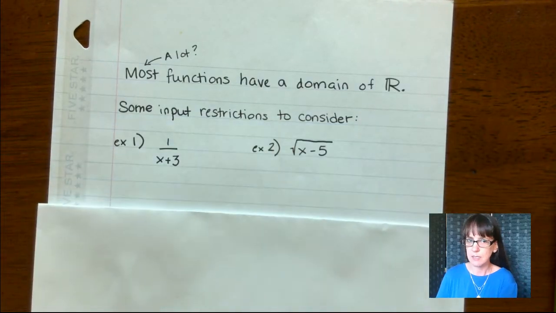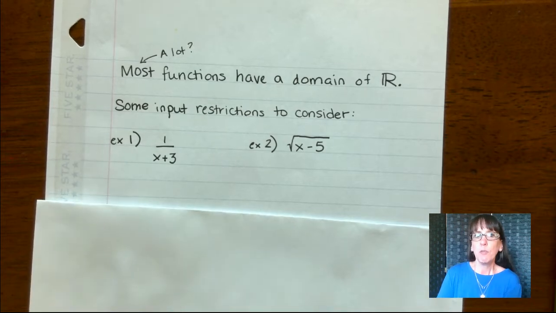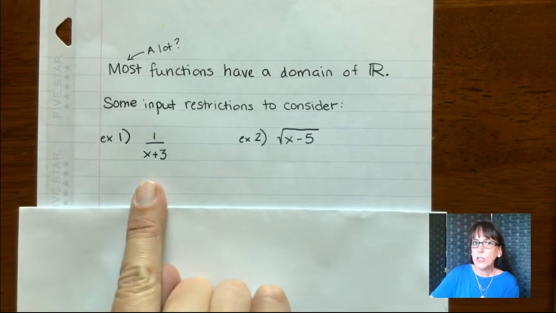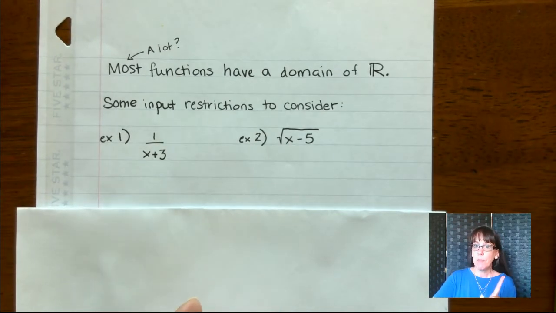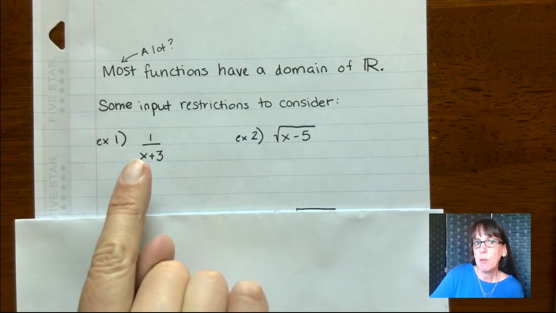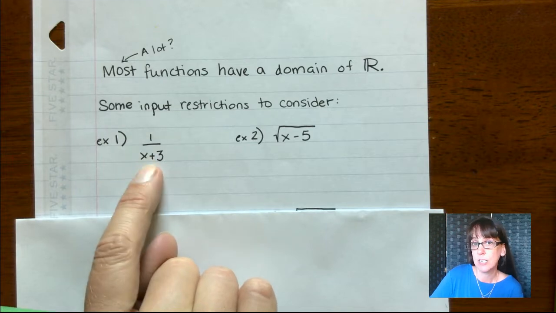All right, so let's look at example number 1 here. What restrictions do we have on 1 over x plus 3? Well, if you remember, we're never allowed to have a 0 in the denominator of a fraction. So if I put a -3 in here, I would get a 0 in the denominator, which is not allowed.